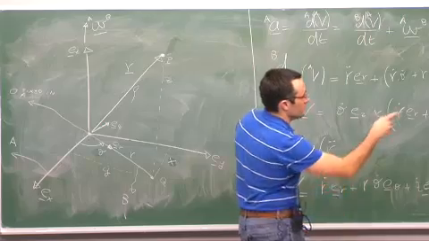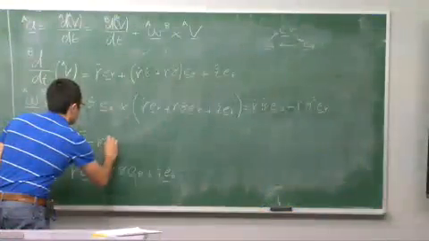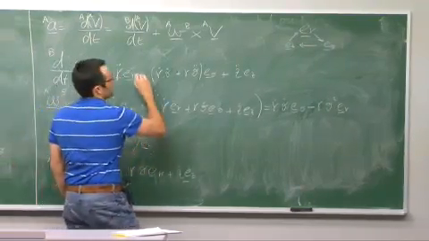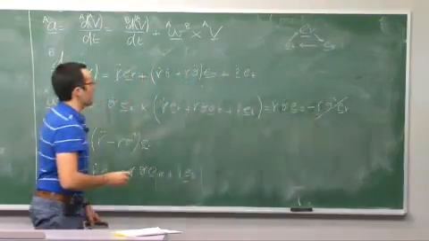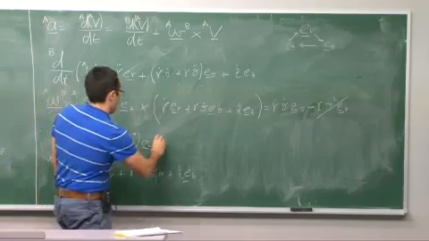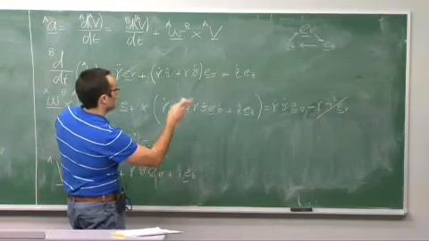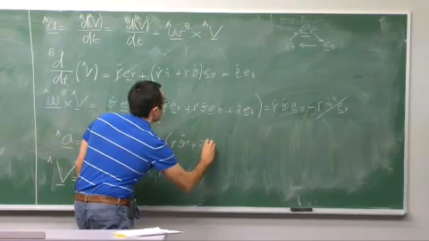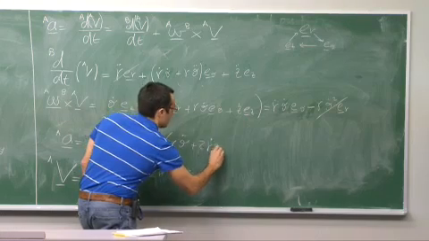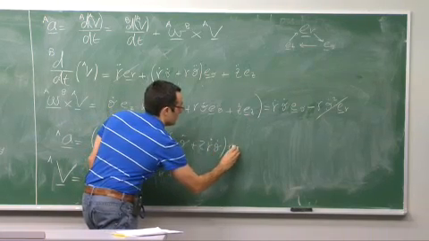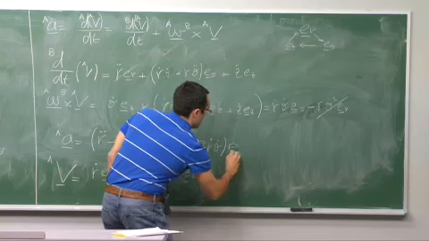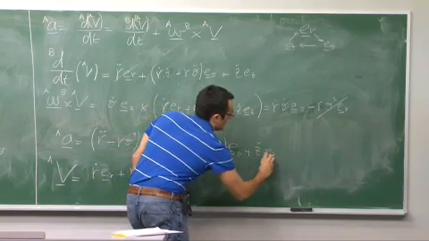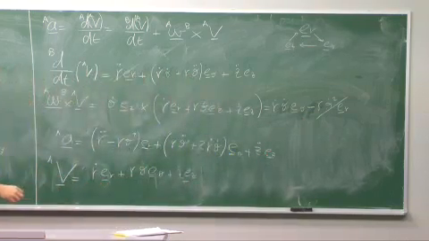R double dot minus R theta dot squared ER, and that takes care of these two terms here. Then I have R double dot plus 2 R dot theta dot E theta plus Z double dot EZ. That's it.